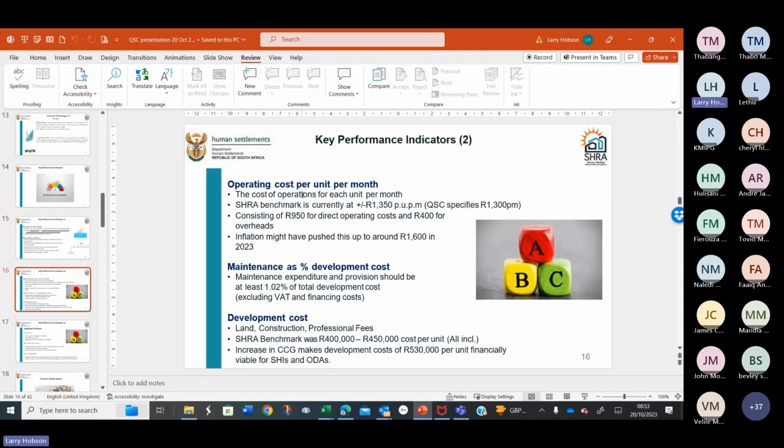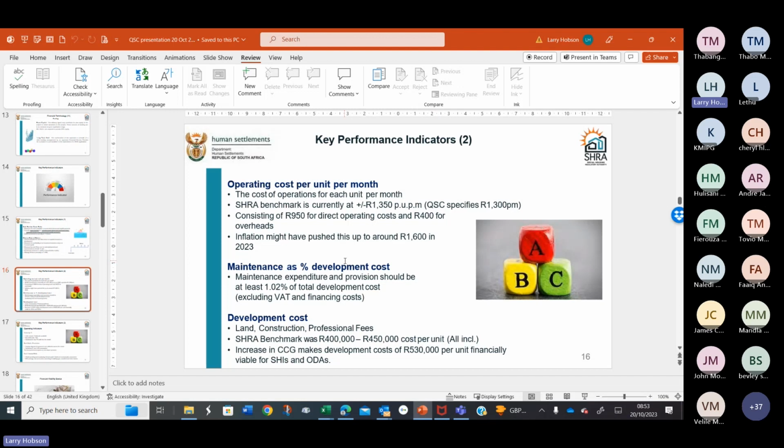Anecdotal evidence from people I speak to in social housing tell me that it's around 1,600 Rand this year. So when we're doing our case study, we'll see how it works with 1,600 Rand as your monthly operating costs.